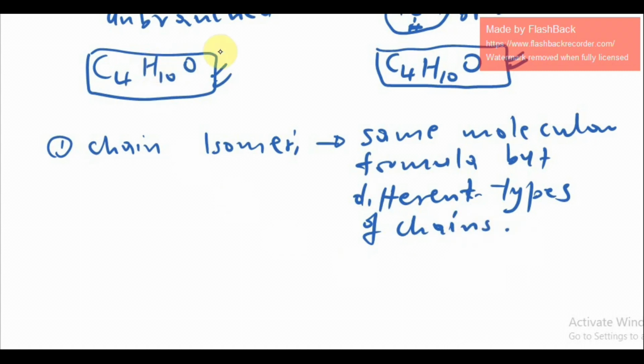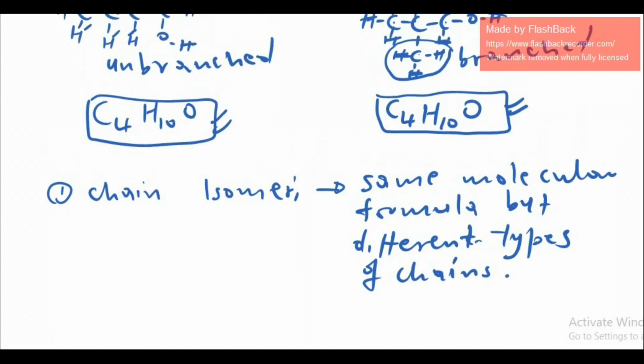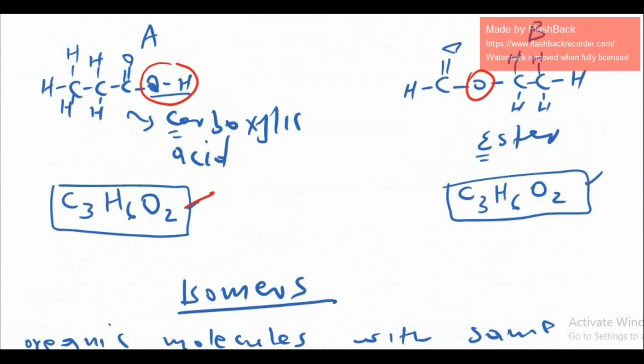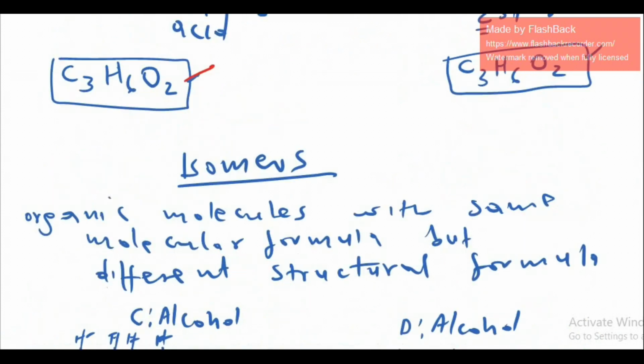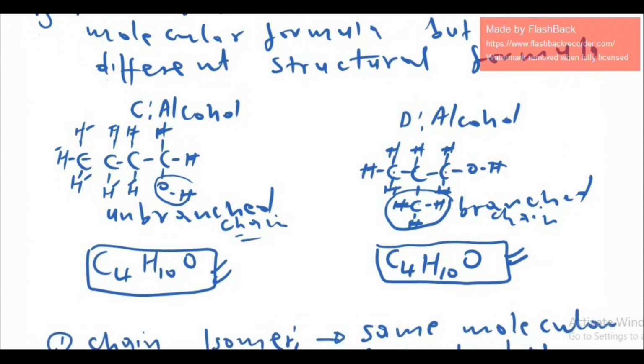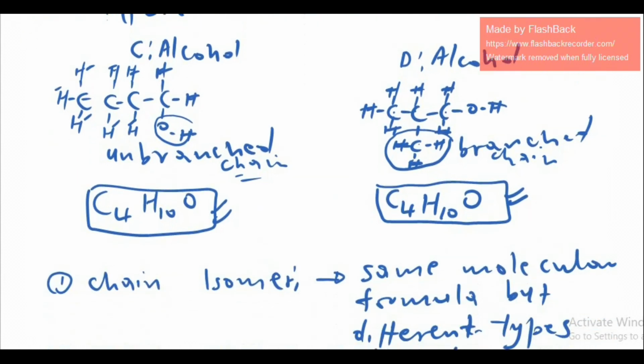Now, if you look at this one, this is an alcohol, it has OH, and this one is also an alcohol with OH, but this one is a branched chain. This one is an unbranched chain, this one is a branched chain, which means D and C are chain isomers.